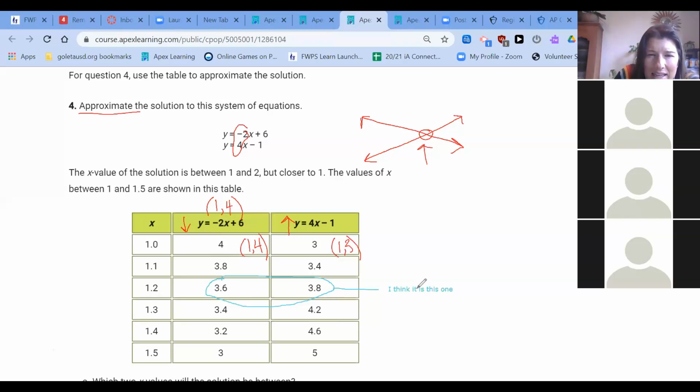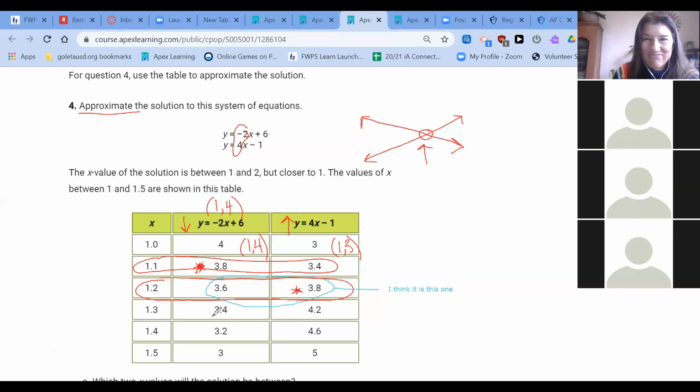Katie says, I think it is this one. So you think they're going to intersect at about 1.2, Katie? So let's see what's happening at 1.1. Which one's above? The first equation, notice, is higher. Okay. And then at 1.2, notice the height has been overtaken by that second equation.